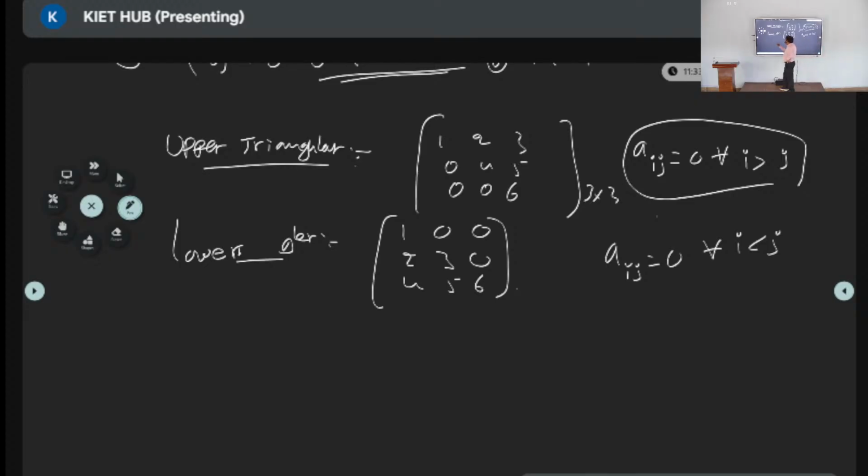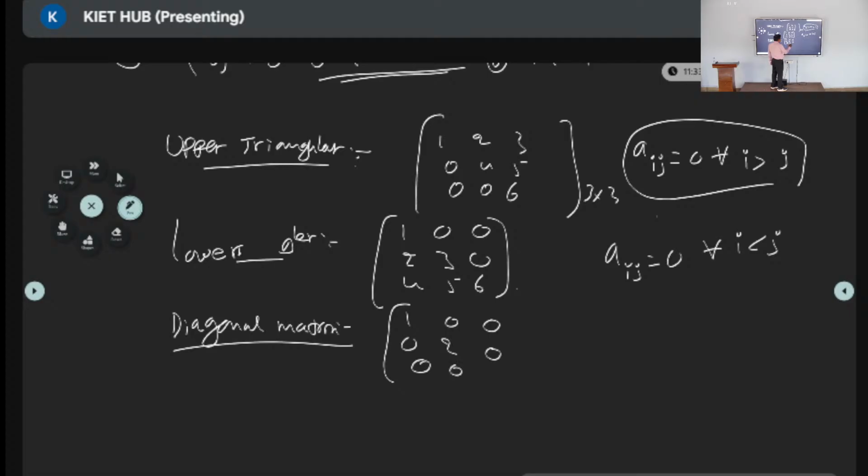Next, diagonal matrix. What is a diagonal matrix? A little bit of concentration. We are discussing the types of matrices. The concepts are all very important. What is the diagonal matrix here? 1 0 0, 0 2 0, 0 0 3. What is the diagonal matrix definition?